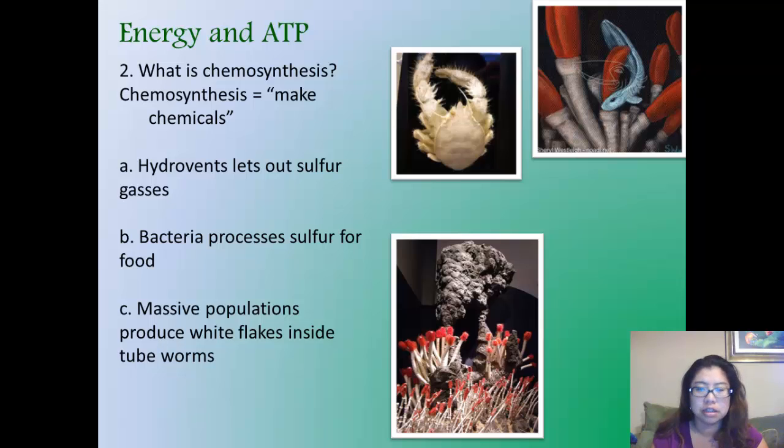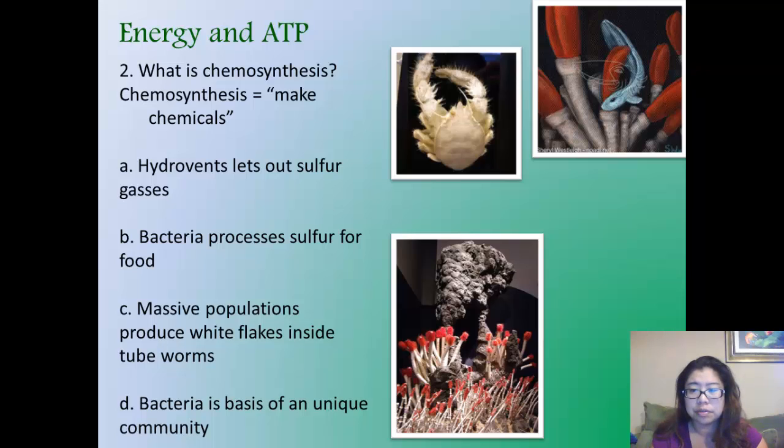And you can tell this crab here is albino, and they have no reason to have any color since they live in the dark. And the bacteria is the basis of this unique community. And they also have other crabs that live nearby as well.